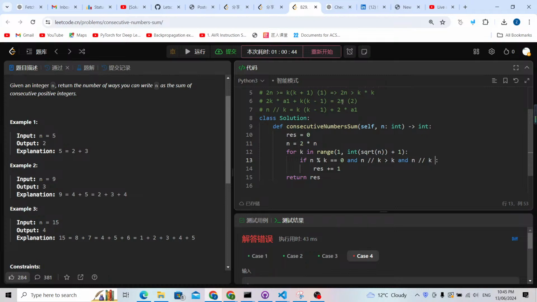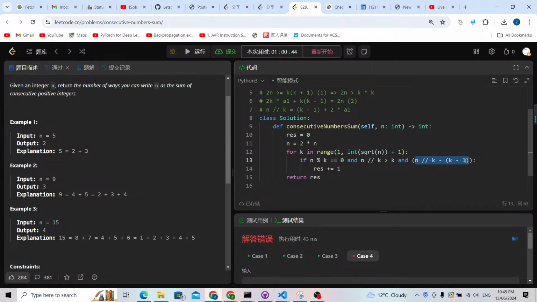Let me check. Here it should be k minus 1, because n divided by k here is 2a1, and this is k minus 1. So n divided by k should minus k minus 1. So this is the result.